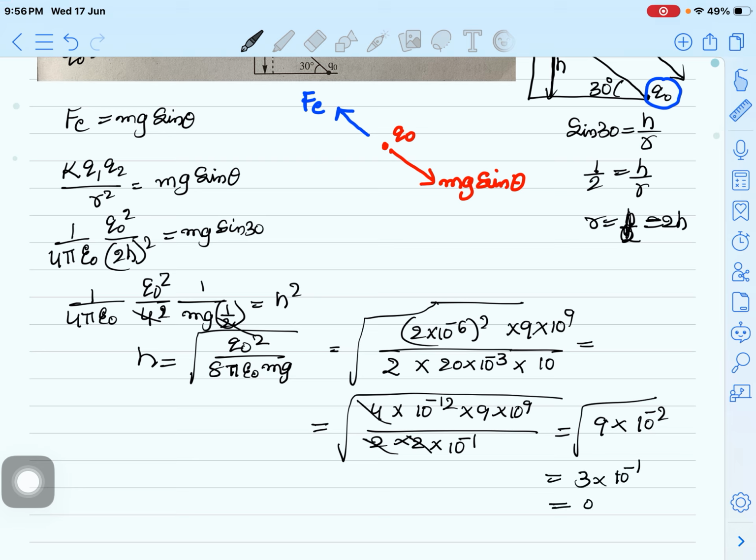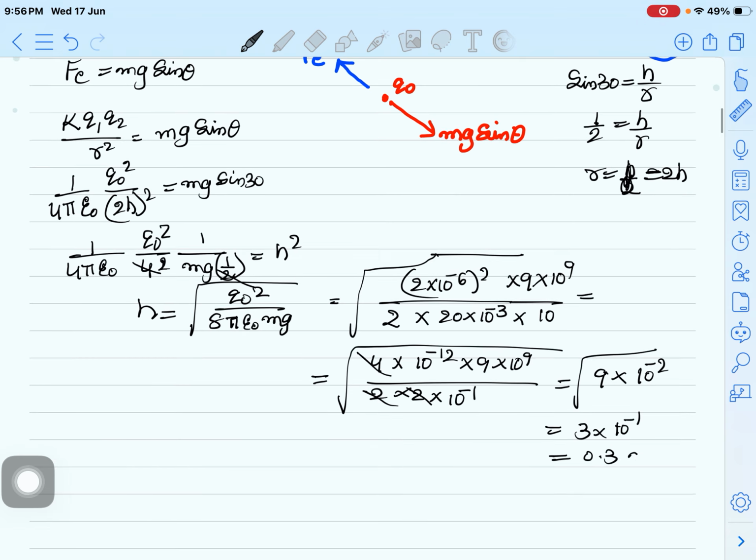So the answer is 0.3 meters. But the question says the final answer should be in the format x into 10 power minus 3 meters. So this answer can be written as 3 into 10 power minus 1.